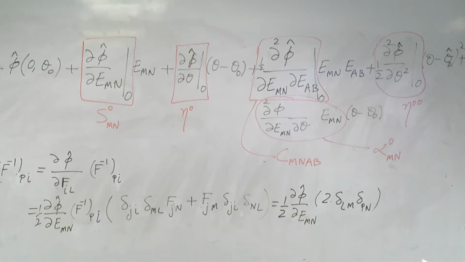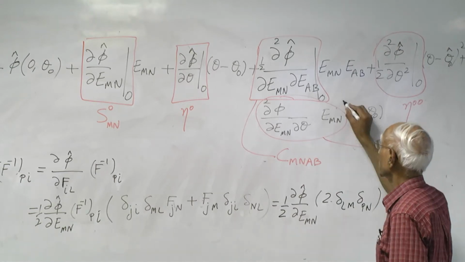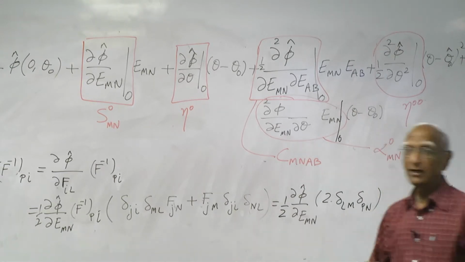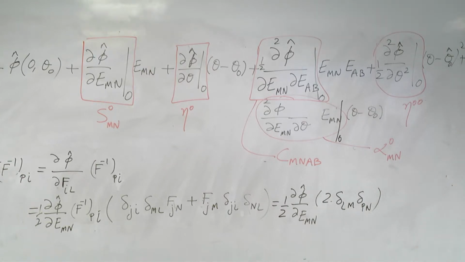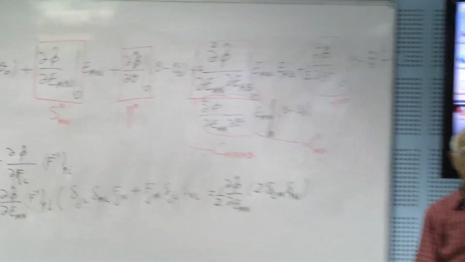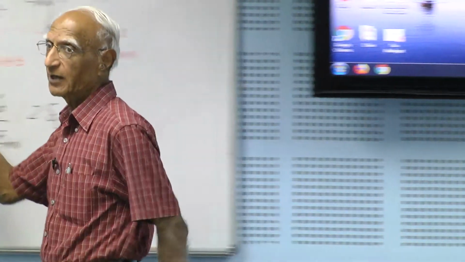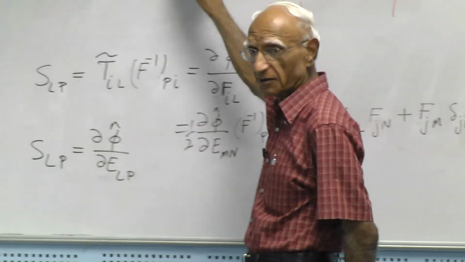Now remember, all of these are evaluated in the reference configuration. So they are constants now for us. You differentiate them and then set E equal to 0 and theta equal to theta 0. So they are not functions of E anymore. Does it make sense? Because we are expanding in terms of a Taylor series around 0, theta 0.